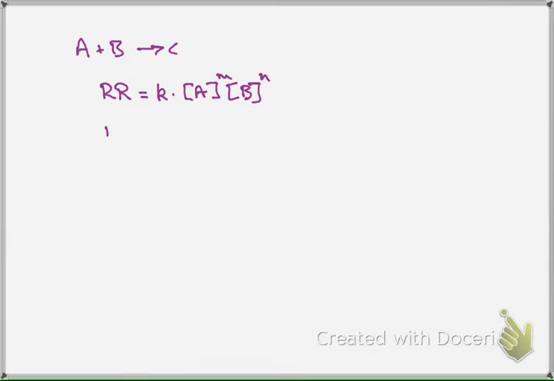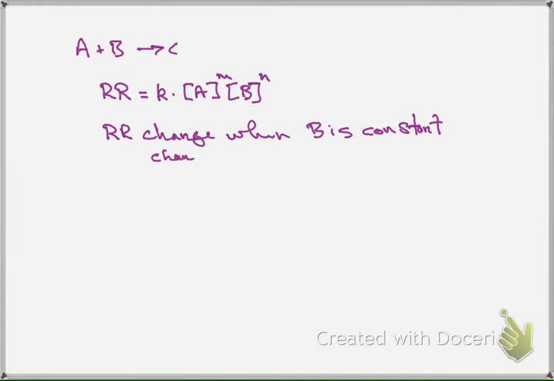We do reaction rate change when B is constant. And most often, we doubled A, but we change A.